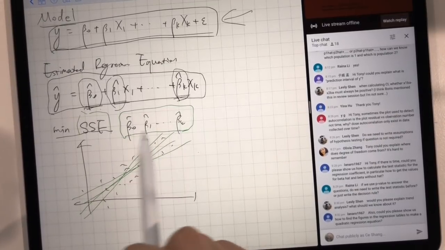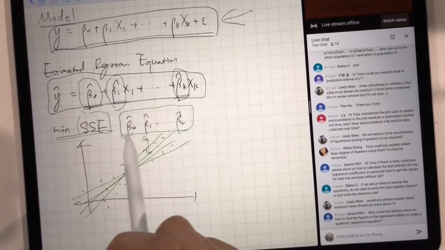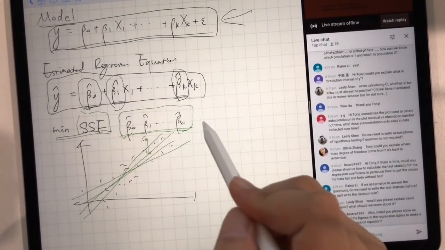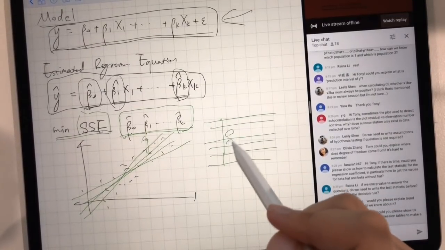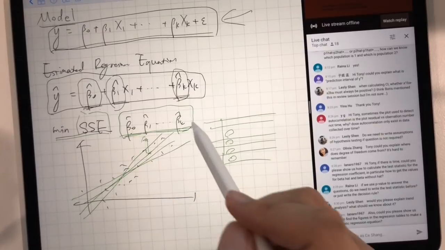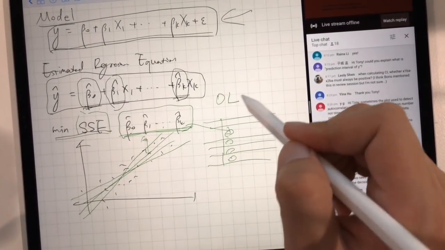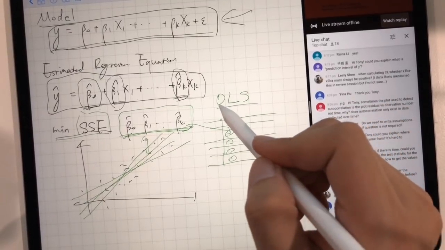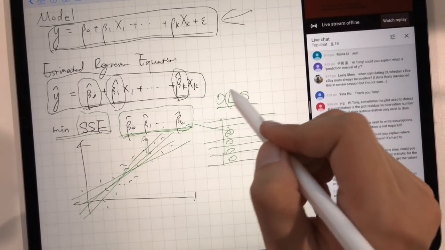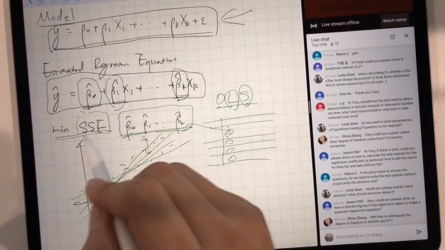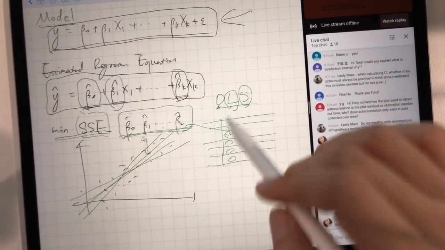When we get the minimum value of SSE, we fix those numbers. So in your Excel output, you are actually getting those beta hat numbers in this way, okay? They are calculated this way, and this is called the ordinary least squares method, okay? Least means minimize, right? Square means the SSE. Ordinary means the traditional, right? Ordinary least squares method.